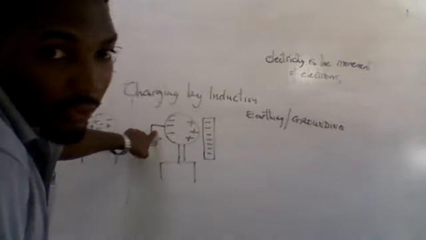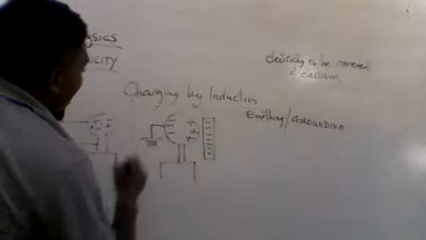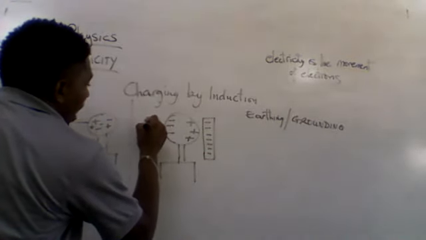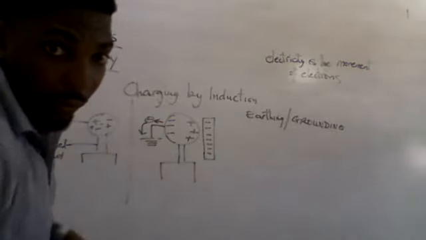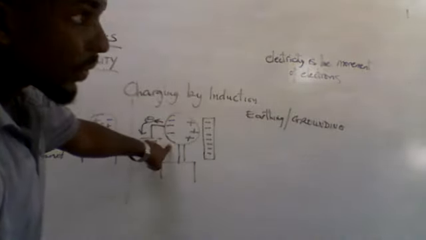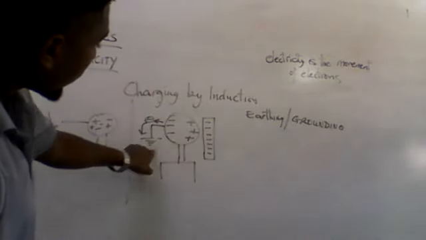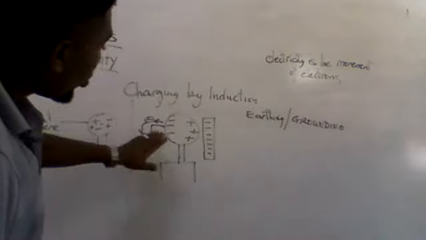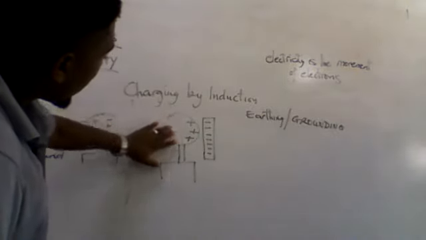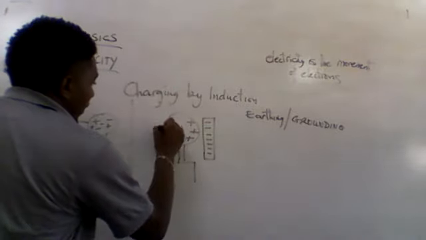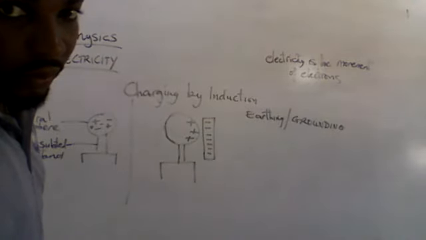So at this point, just for a brief second, when we touch this sphere, the negative charges are going to flow out from the neutrally charged sphere and down towards Earth. Good? And by the time we remove this, what remains in there are the positive charges. Right?